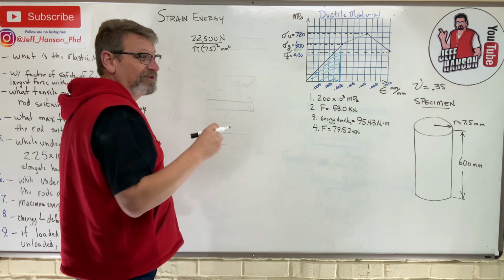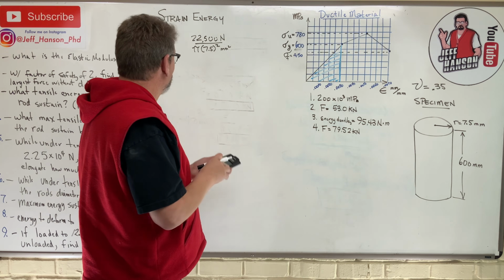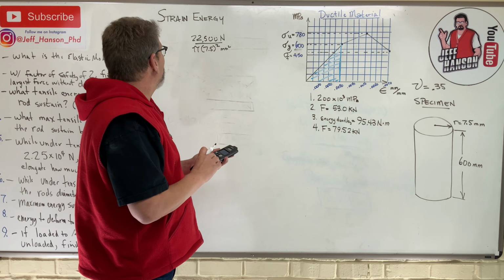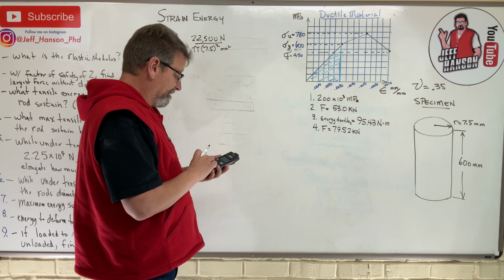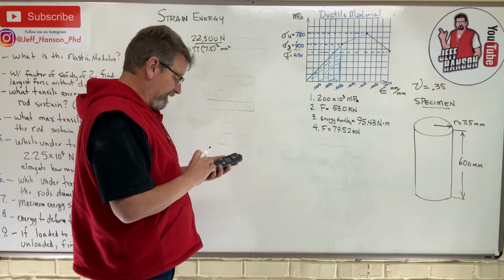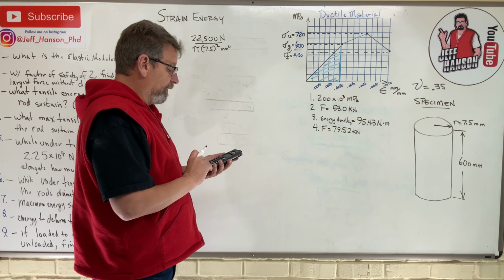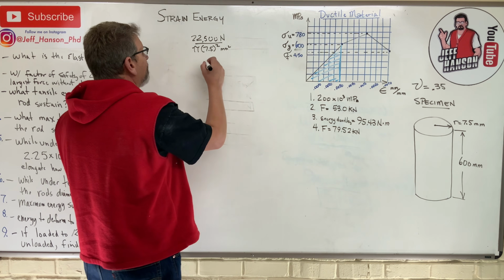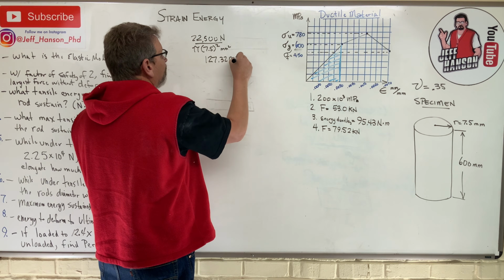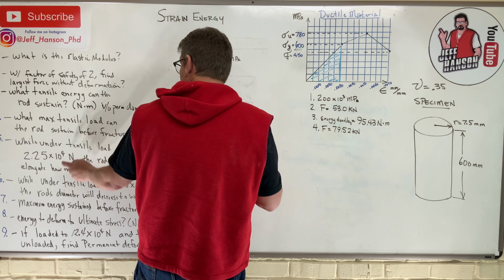Newtons over millimeters squared is going to give me megapascals, which I need for this scale over here, right? So 22,500 divided by pi divided by 7.5 squared equals 127.32 megapascals. So that's what sigma equals with that kind of load on it, okay?